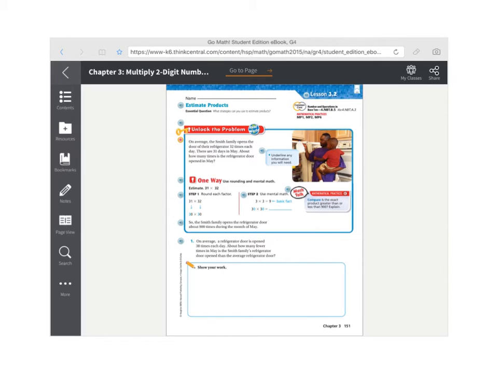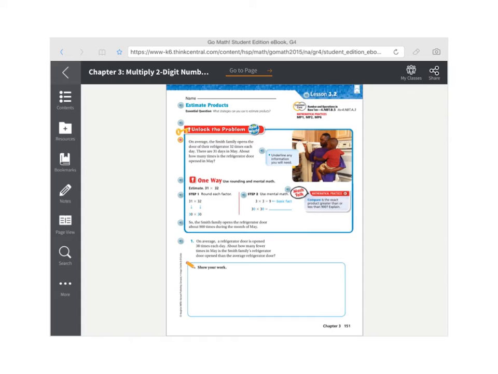So we have 38 times, and then we have to look up in the one before when it said, what was the average time? We look over here. Let me change it. It's over here in the blue. On average, the Smith family opens the door of their refrigerator 32 times. So, and it's still talking about a refrigerator door is opened 38 times in May.